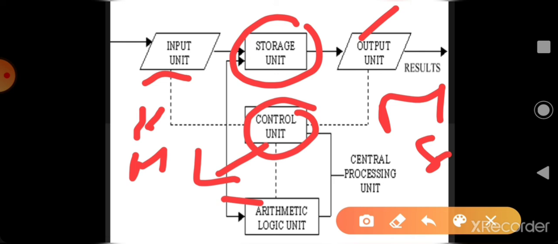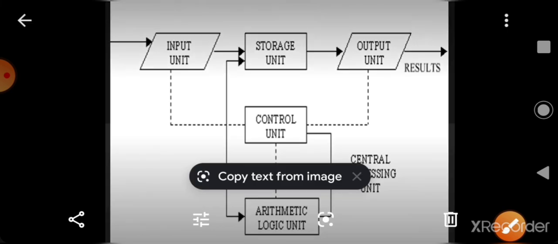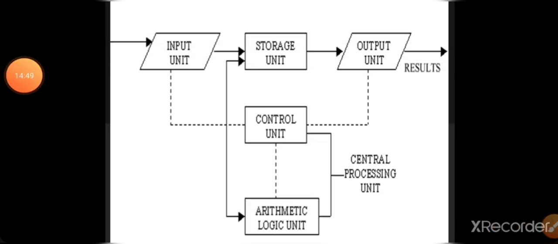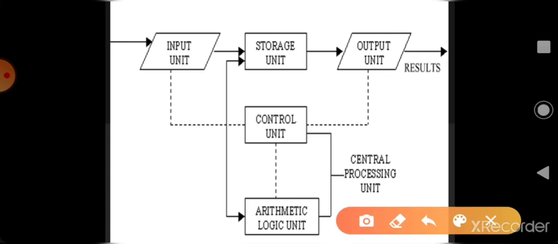The storage unit also has some parts, primary memory and secondary memory. Inside primary memory are RAM and ROM, and secondary memory includes hard disk and pen drive. These things we will see in the next class. First, see the definitions one by one.